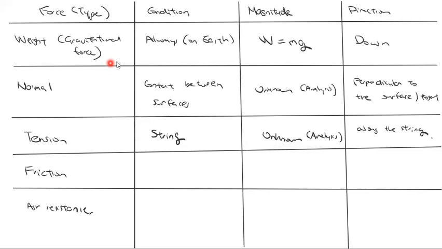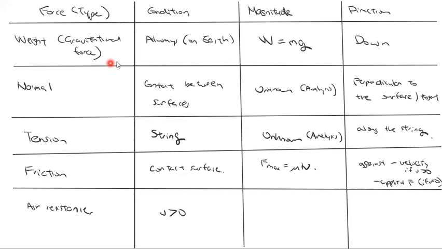Friction needs contact surface. Magnitude, well, we'll do this a bit later, but it's equal to mu times N as the F max. We'll definitely be doing that. And it's always against either the velocity, if moving, or the applied force, net force, if v equals 0. Air resistance basically requires some sort of relative motion.